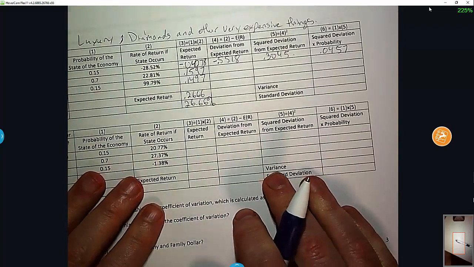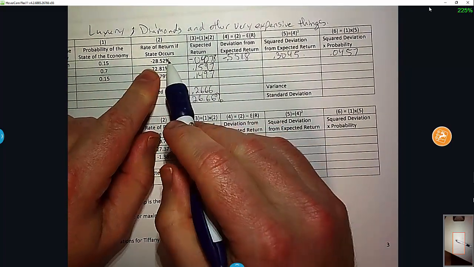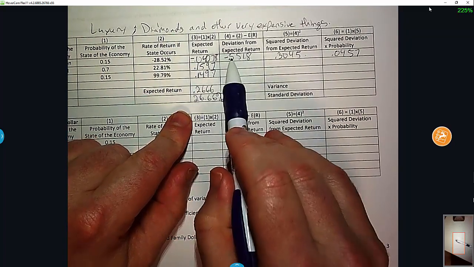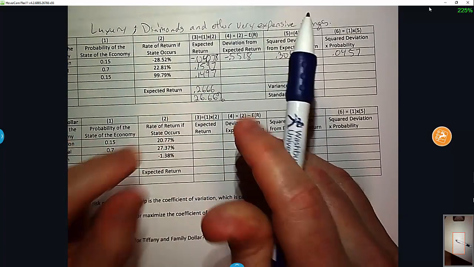So let me explain why we do these things. So we're interested in the volatility of the stock. In the end, that's what we're measuring through the standard deviation. So we take the expected rate of return for the individual state of the economy here, and we find the deviation between that return and the expected return overall, and that deviation is negative 0.5518, or the absolute value of that is 0.5518.